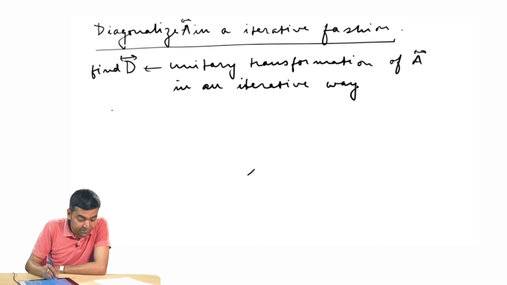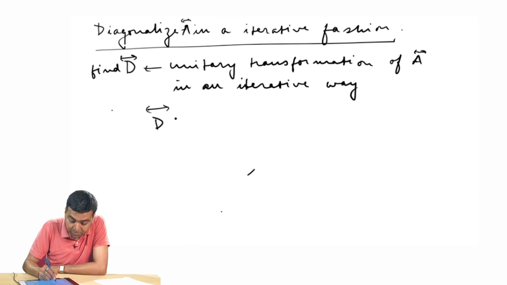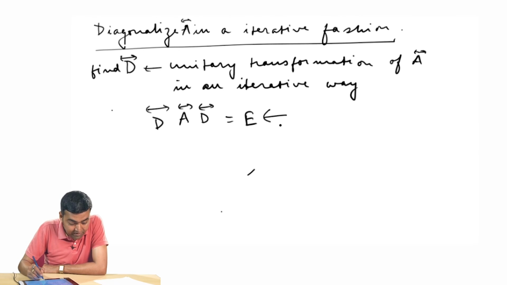So if I write it in this fashion, D inverse A D gives me E, which is a diagonal matrix of my eigenvalues.